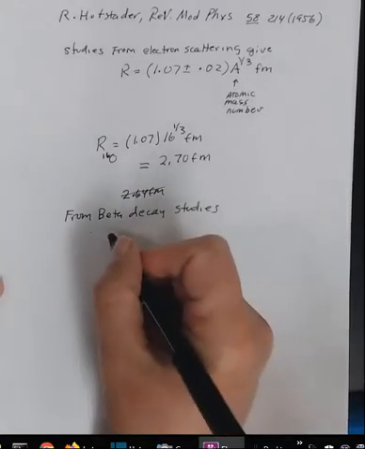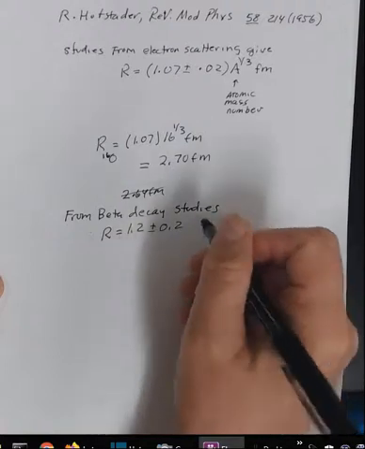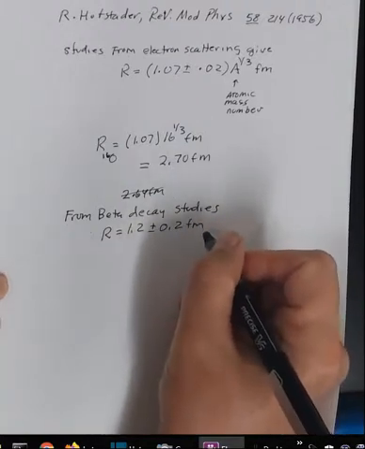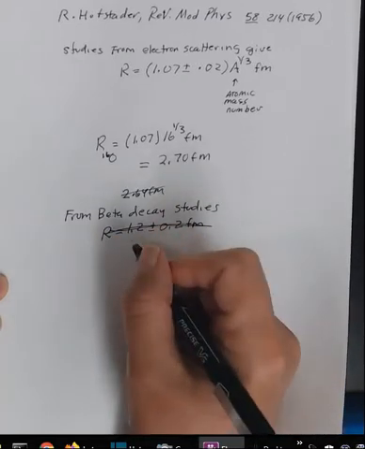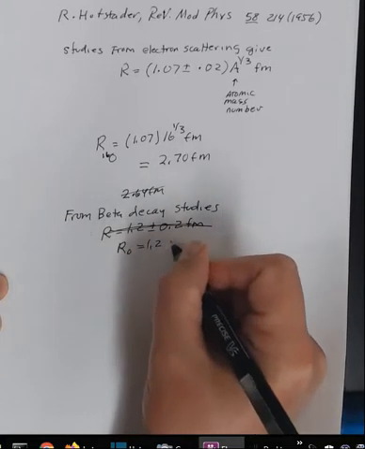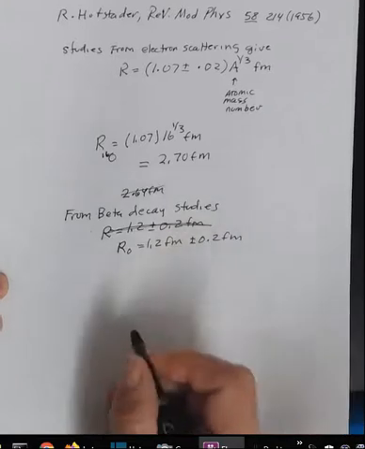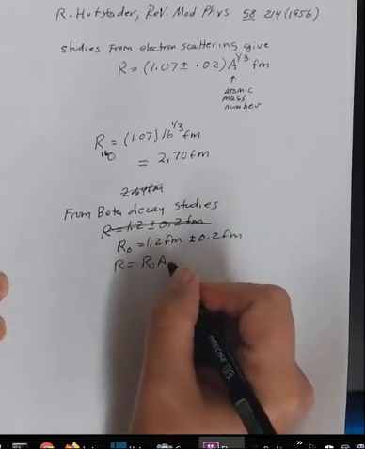It's R naught is 1.2 femtometers plus or minus 0.2 femtometers, so a bigger uncertainty, and R is R naught A to the 1/3.